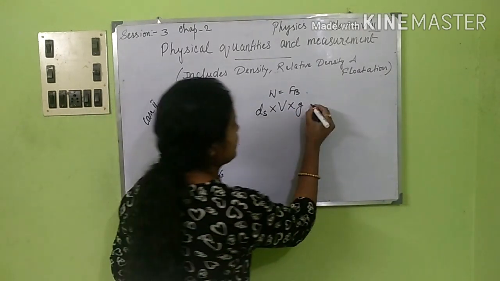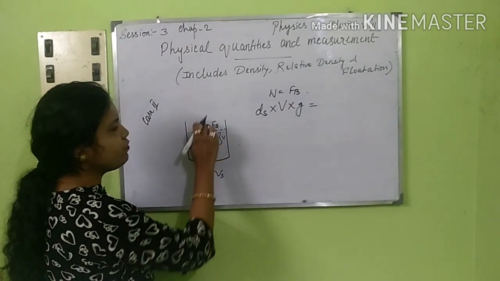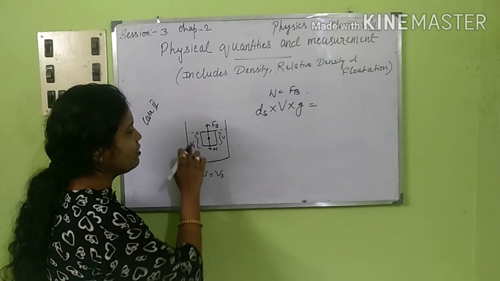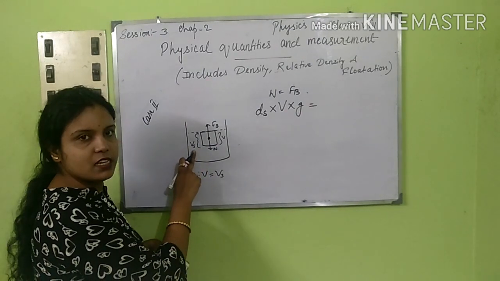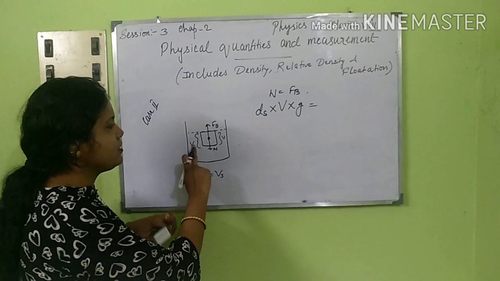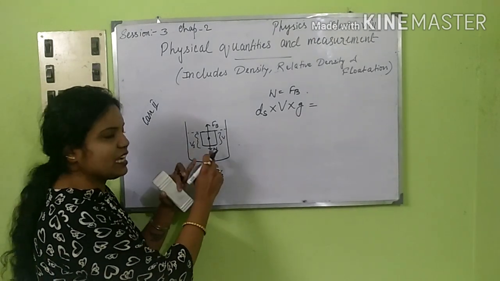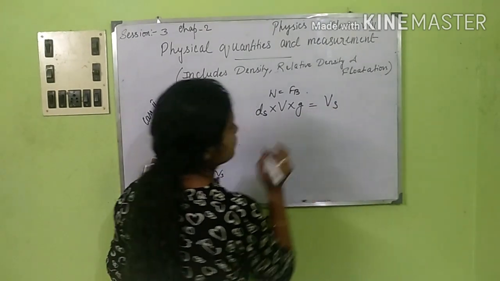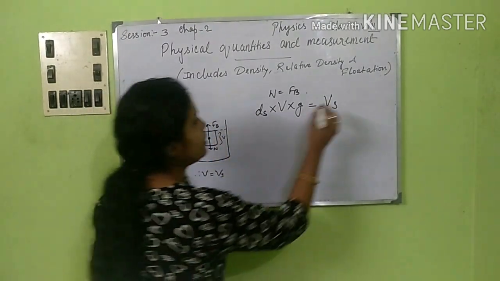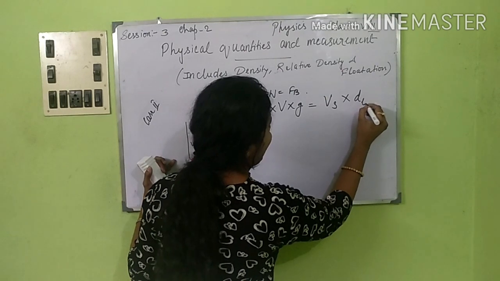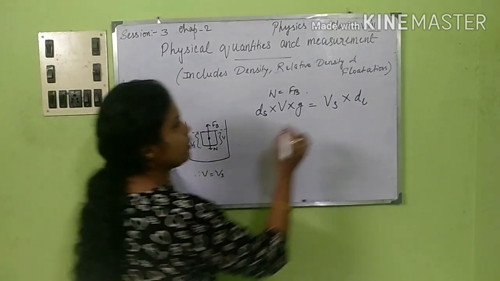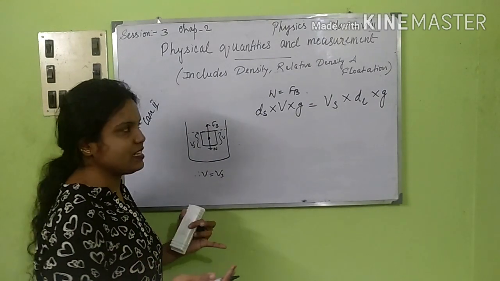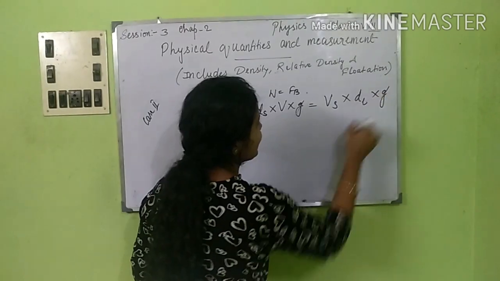That is equal to FB, the force which is acting on the body, the upward force. So there the volume of the liquid will be what? Vs, because it is the volume of the solid which is immersed inside the liquid. So this is the volume of the liquid into dl, the density of the liquid, into g, acceleration due to gravity. Acceleration due to gravity is always same everywhere. So g can cancel out, right?